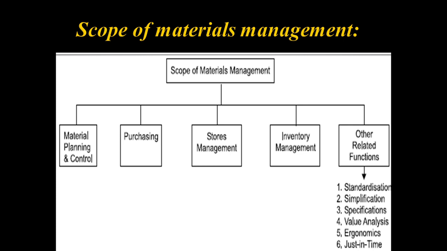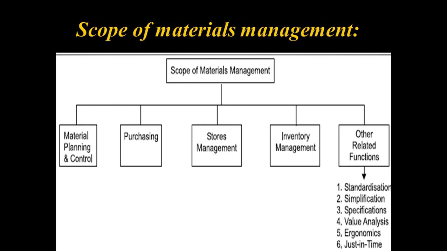Now we are going to learn about the scope of materials management. There are various scopes. Some of them have been listed below. Basically, the first is material planning and control. This is based on the sales forecast and production targets.